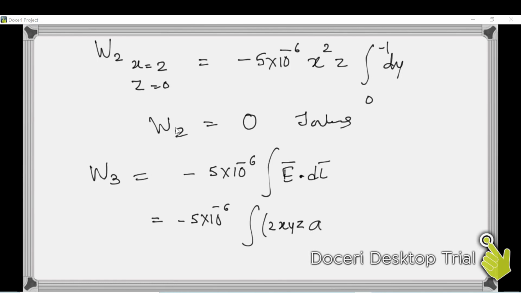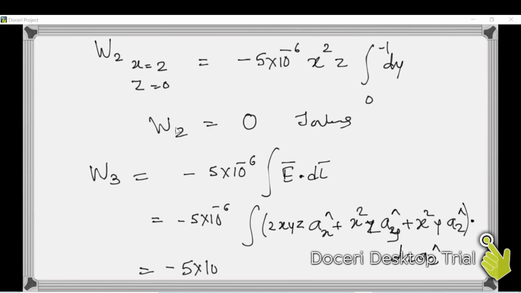You can skip these terms also and you can directly take az cap, because in our square y z cap dot into dz az cap. Right. Then if you multiply these two brackets, E bar and dl bar, we will get minus 5 microcoulomb into integration of x square y dz.